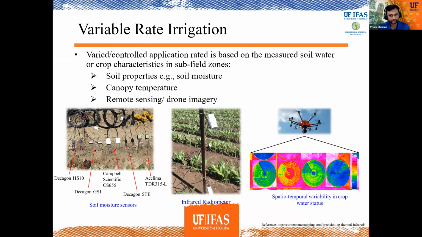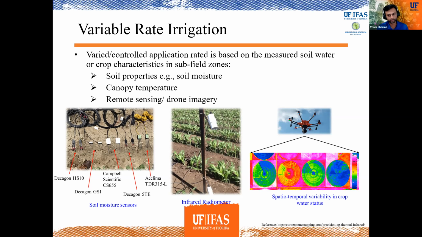Other would be canopy temperature. Once your crop is mature or it has covered the ground, then we can use the infrared IRTs or infrared thermometers to collect the canopy temperature at multiple locations in the field, and we can feed that information to make the management zones.